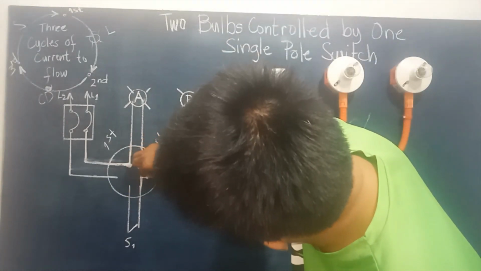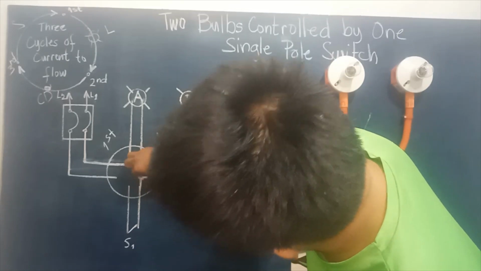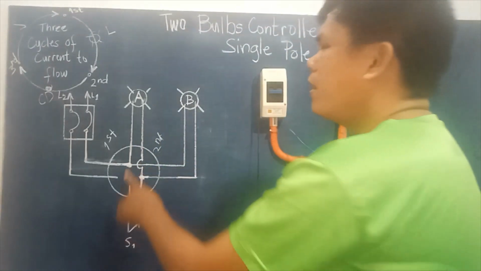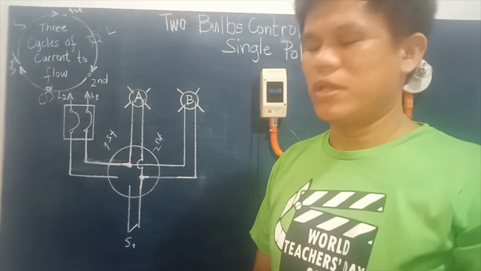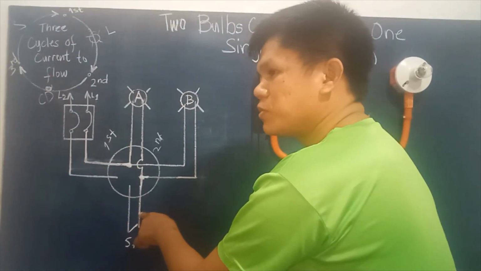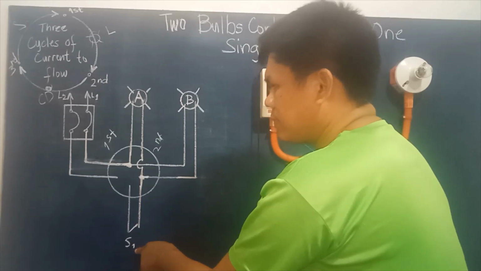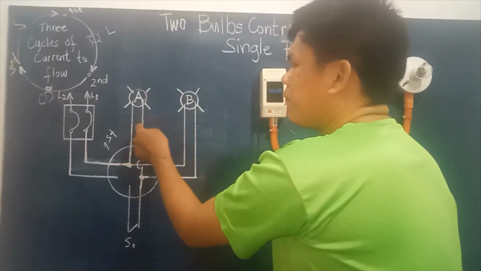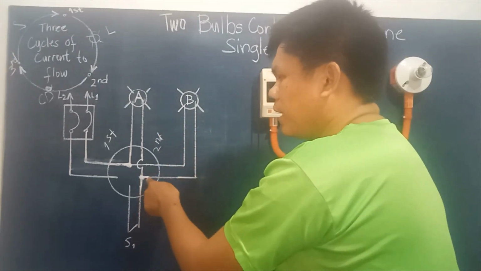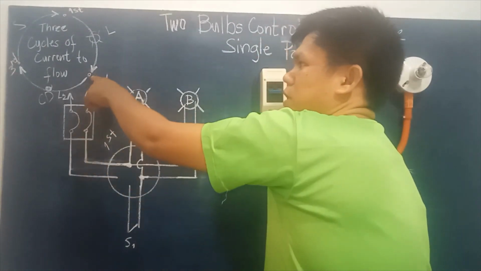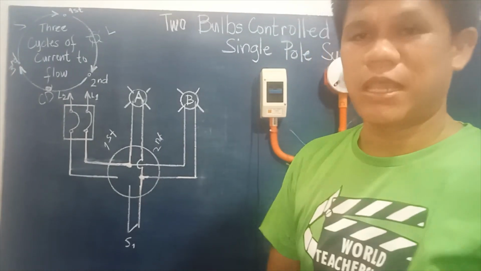So dapat may connection siya dito guys. Ayan. So, ibali 1, 2, 3 wires are connected together. One coming from the switch or the control device. Two wires also coming from the loads of the circuit, then connected together to execute our second cycle.